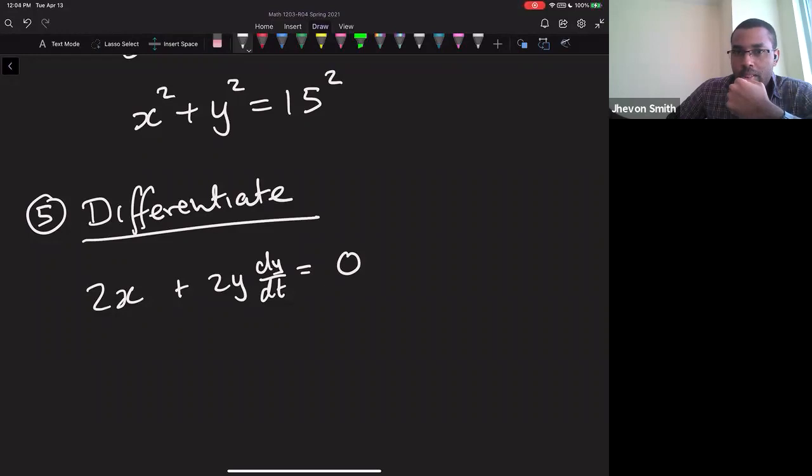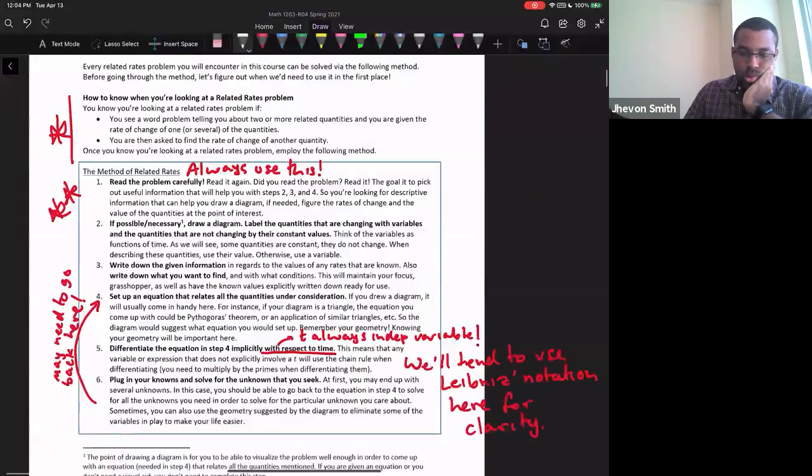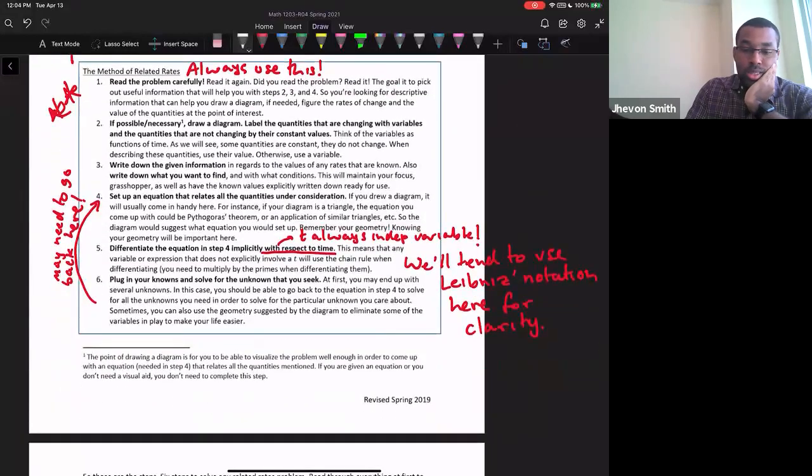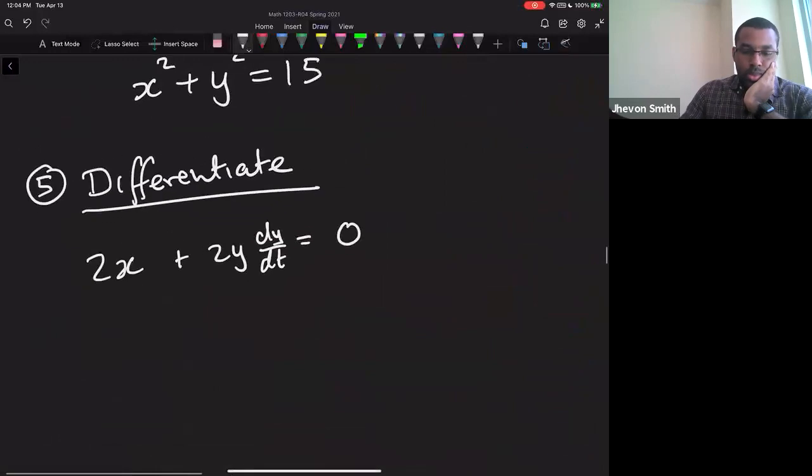Who is the independent variable? T. T is always the independent variable for this problem. If it's a related rates problem, T is always the independent variable. Do we still stand by this answer?